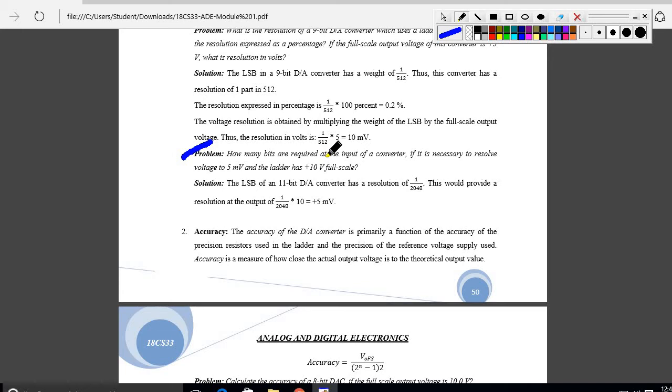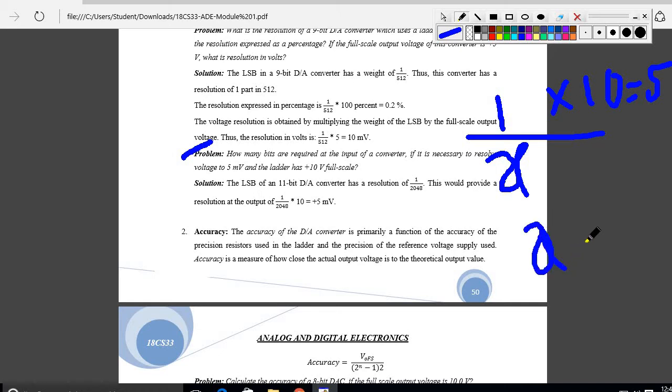So to find the bit size, we know it is a weight of 1 by x, multiplied by the full scale voltage, 10, equal to the resolution, 5 millivolt. So we can find x directly.